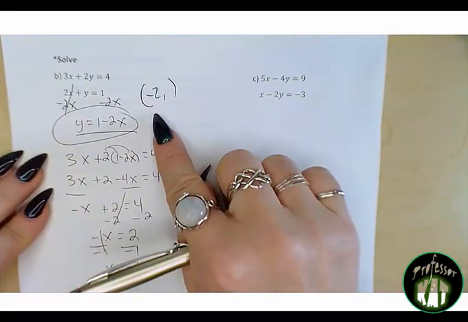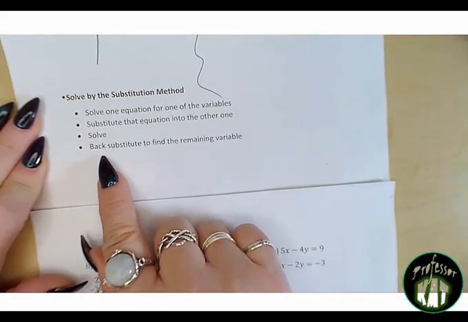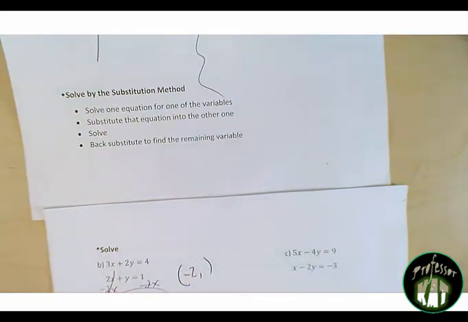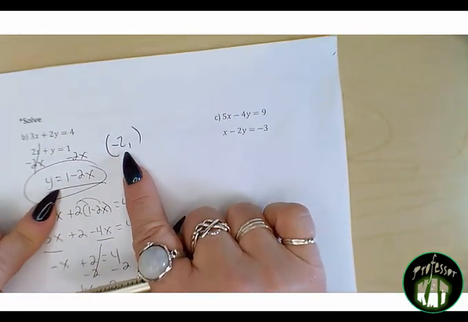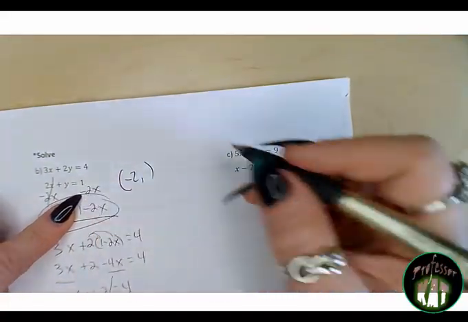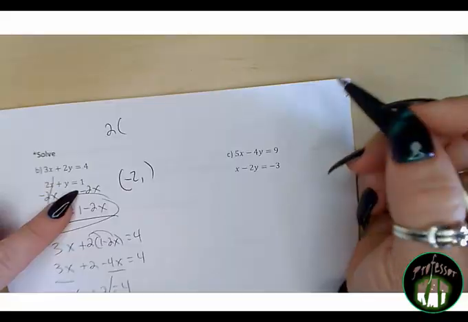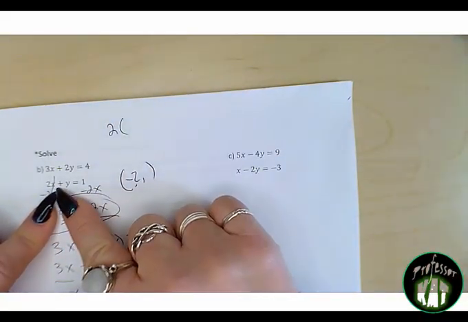point. Now that we know what the x value is, now that we're done solving, we can go and back substitute in order to figure out what y is. Now that we know that x is a negative 2, using either one of these equations, plug in. I'm going to use the bottom equation, and I'm going to plug in negative 2 for x.